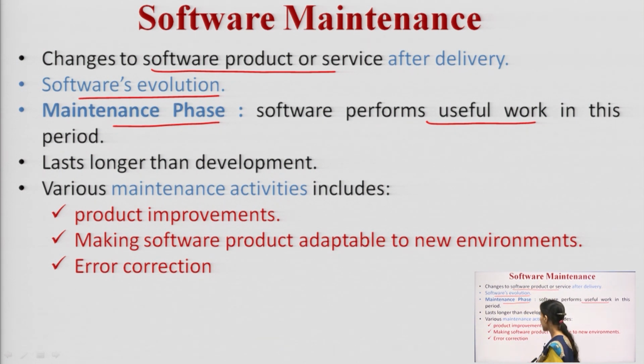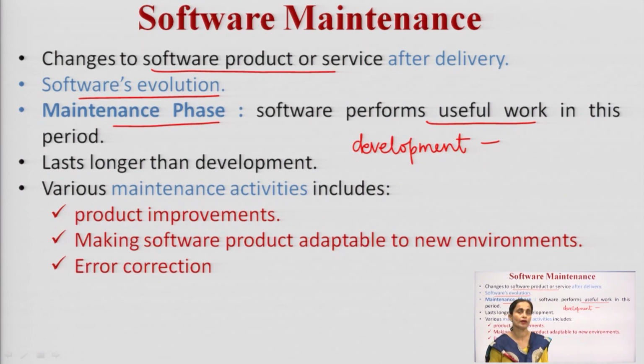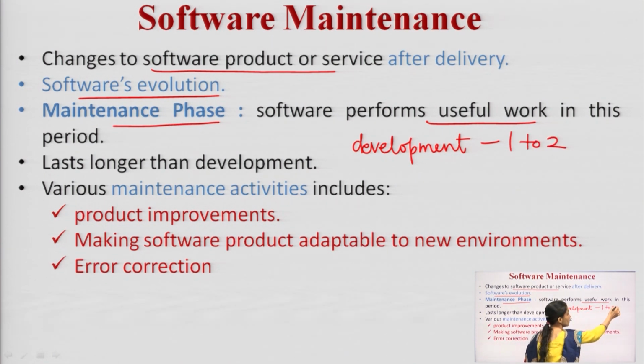So, we can say that the development phase, in which developers are writing their code and doing the testing for any kind of software, may last 1 to 2 years.